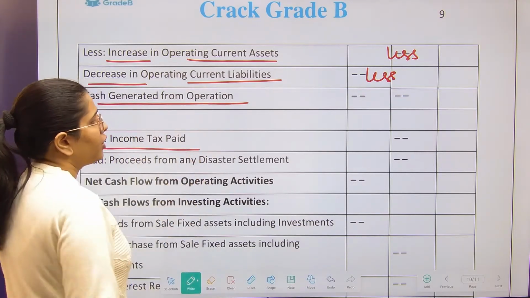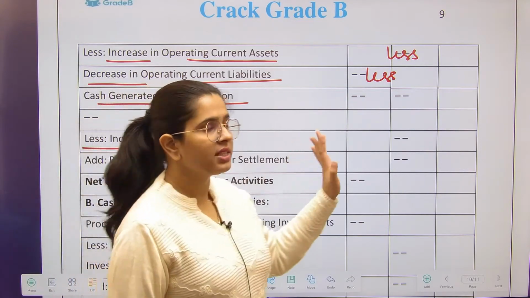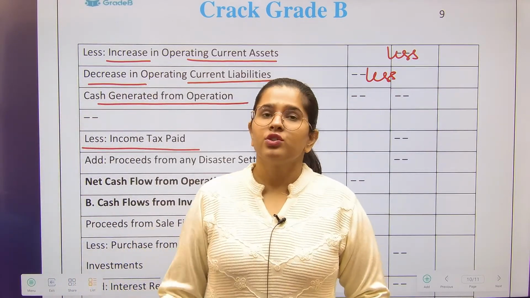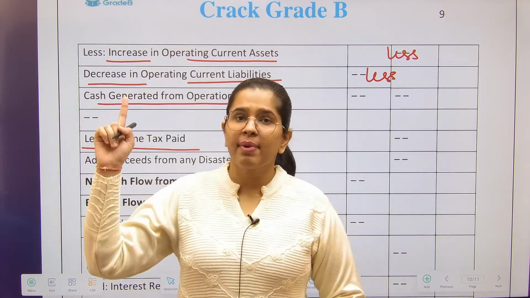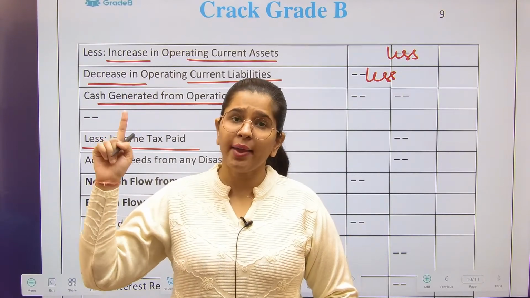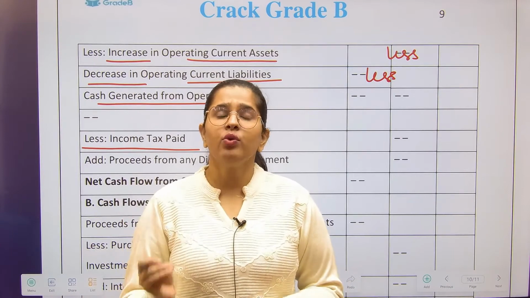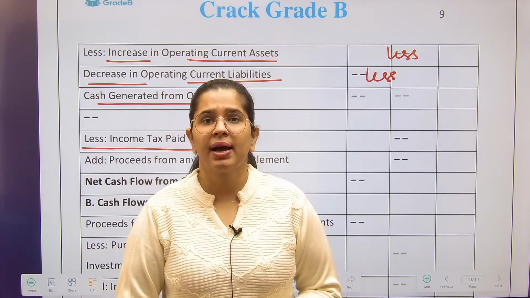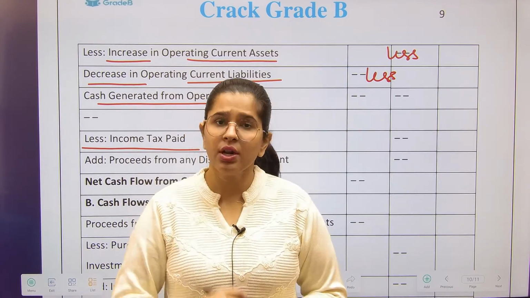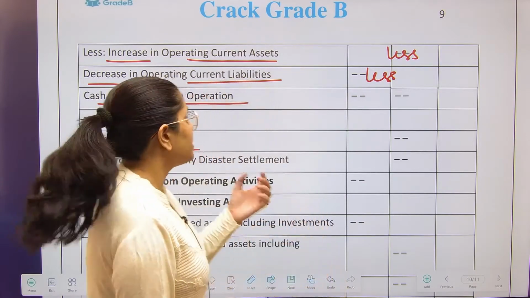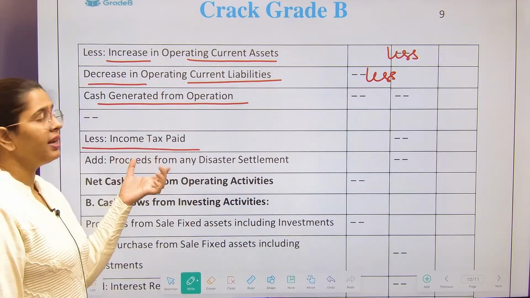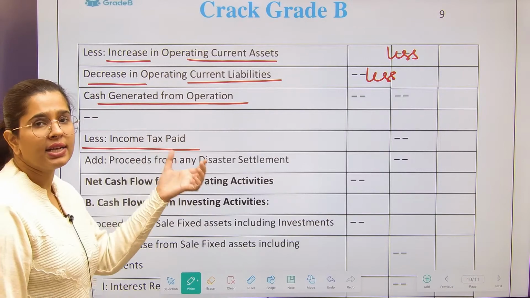And next you have to deduct income tax paid, right? So you remember we have added back provision for taxation. Why? Because we had not incurred that in cash. So any amount which you have debited in your P&L by the name of provision for taxation will be added back, and thus in this line you will deduct income tax paid.